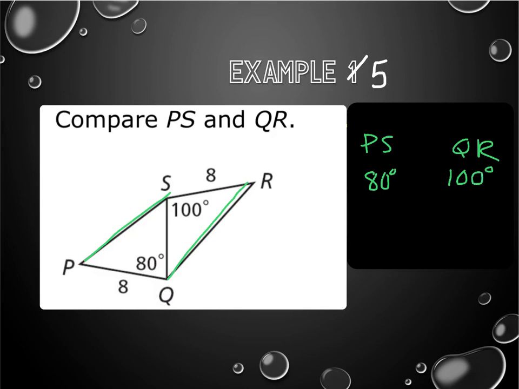Is 80 degrees greater than, less than, or equal to 100 degrees? Less than. So is PS going to be greater than, less than, or equal to QR? Less than. So PS is less than QR. That's 5.6.